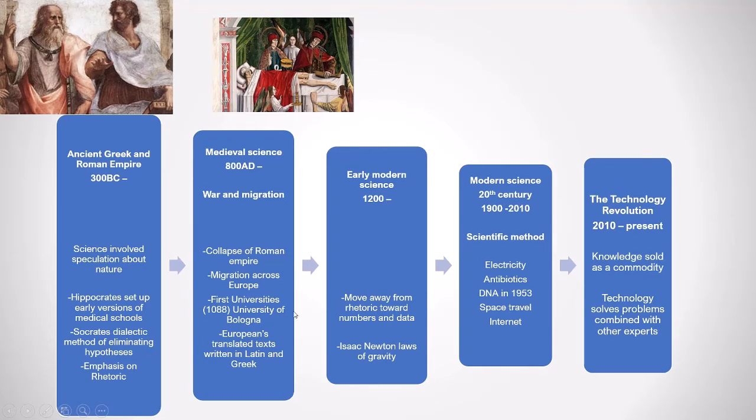And during all of this war and pillaging, a lot of really important books were burned, and so some important texts were saved, and due to their rarity became even more important, and were translated into Latin and Greek, and eventually English in modern day.